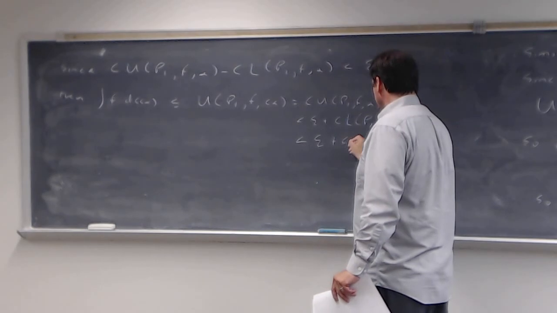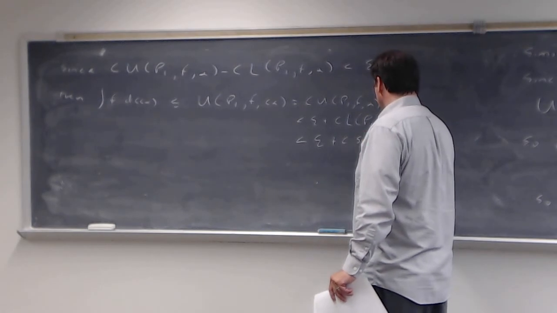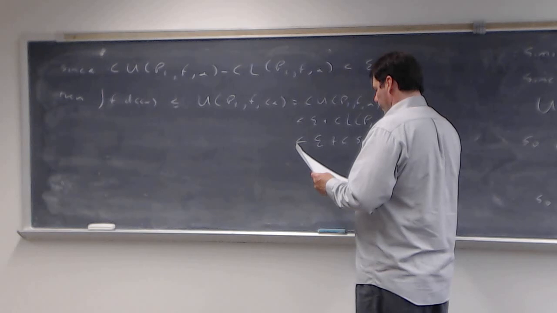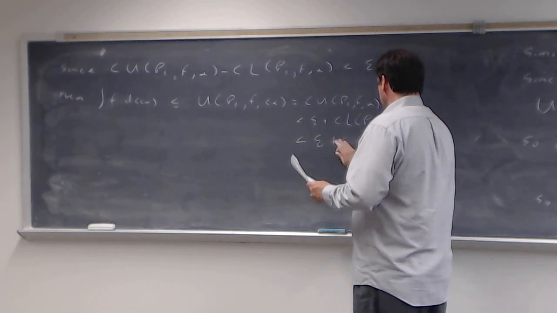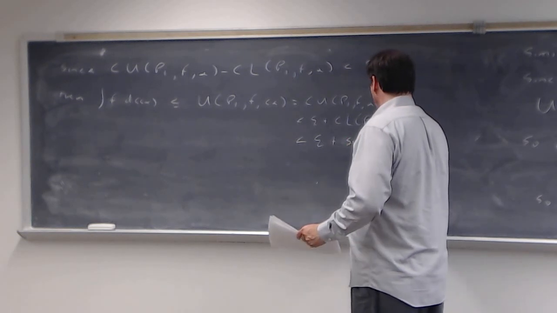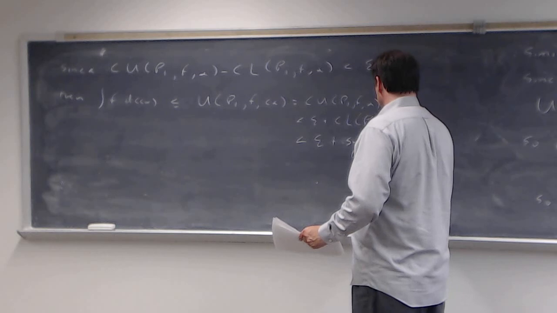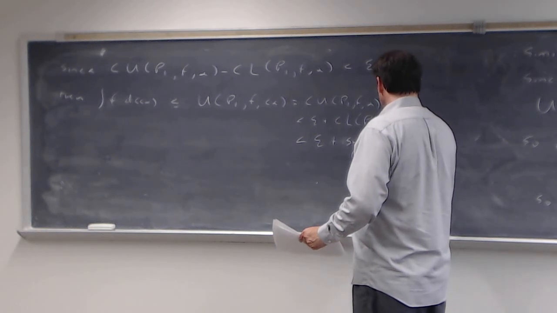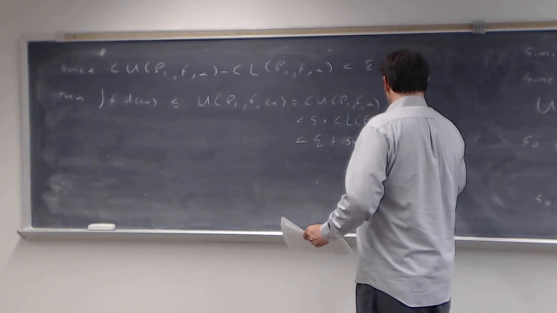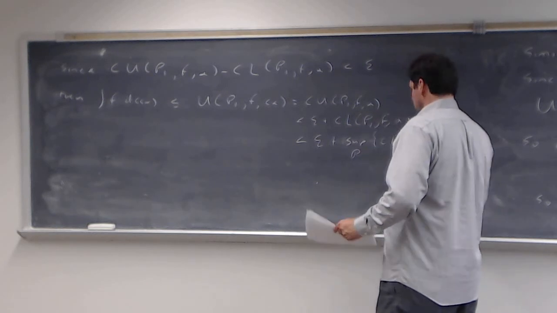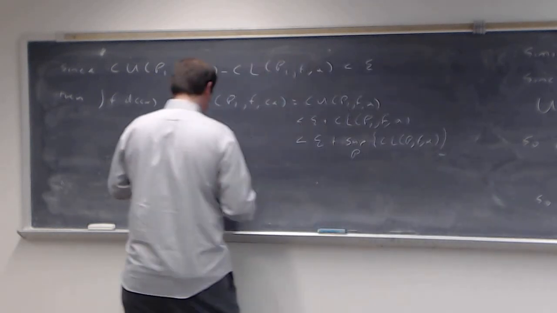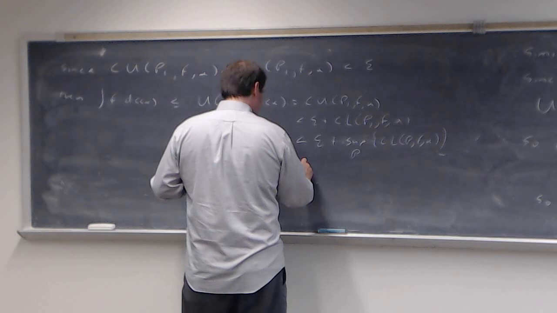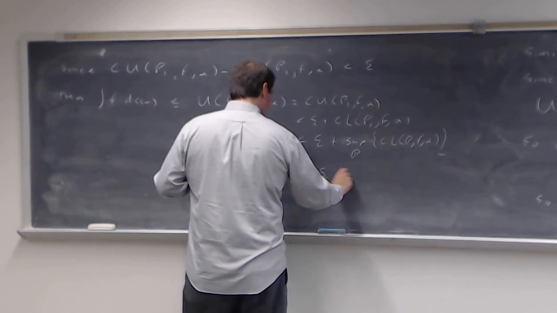And so it ends up being C times the sup over all partitions of the lower sums with alpha.